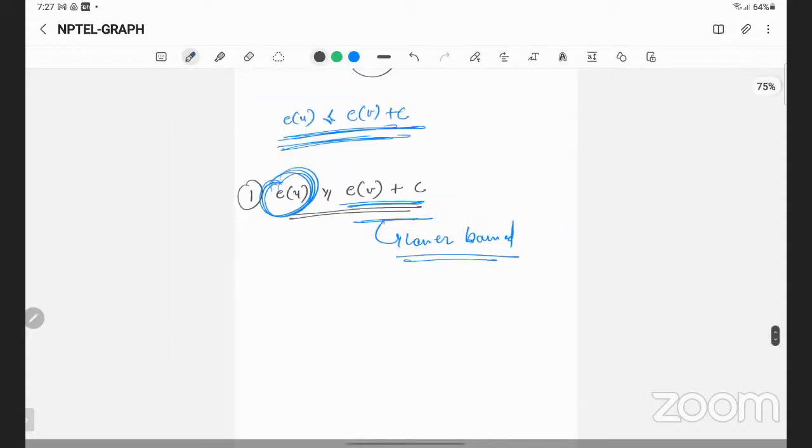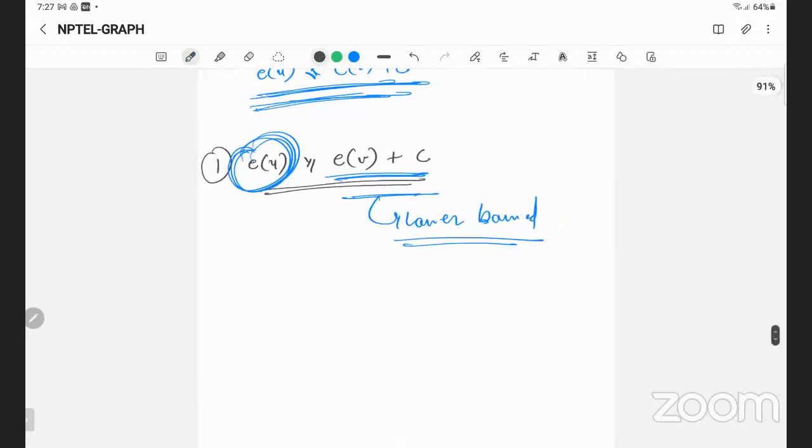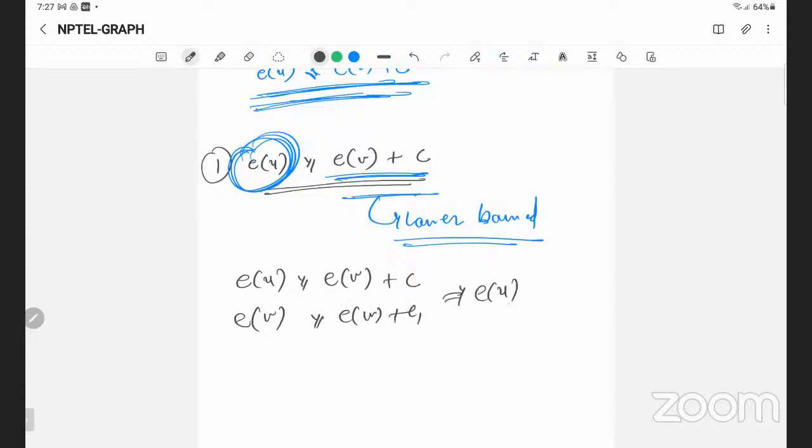Here we can also consider similar cases that we did in the case of upper bound. So if there are two inequalities, EU is greater than or equals to EV plus C, and EV is greater than or equals to EW plus C1, you can combine and get EU is greater than or equals to EW plus C1 plus C2.